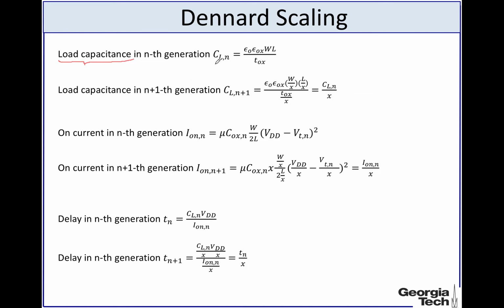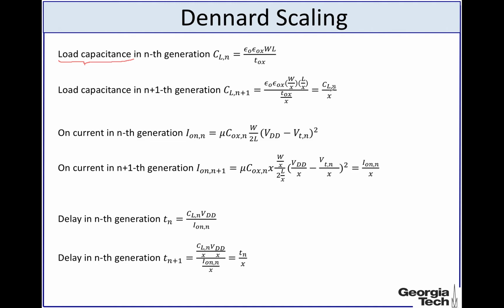The load capacitance is equal to epsilon naught, the vacuum permittivity, multiplied with the dielectric constant of the oxide, divided by the oxide thickness, multiplied with W and L. Now in the n plus 1 generation, you replace W with W over X, L with L over X, and Tox with Tox over X, and what you get is CLn over X. So essentially the load capacitance decreases by a factor of X in the n plus 1 generation.